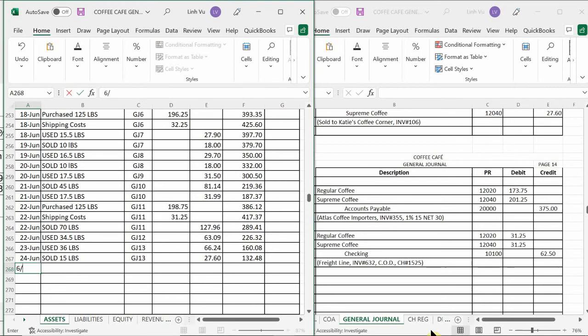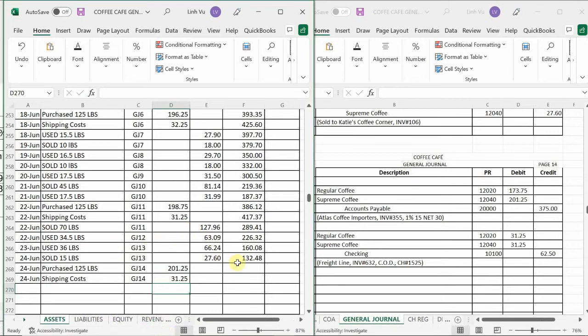And copy and paste purchased 125 pounds in shipping costs, both on page 14. The total debit for the Supreme is 201.25 and 31.25.